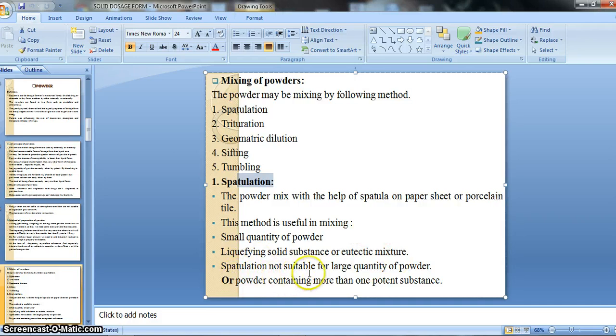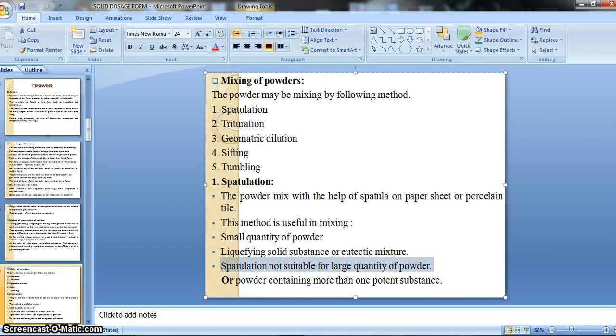Spatulation is not suitable for a large quantity of powder. This is one disadvantage of the spatulation method, and the advantage is that liquefying solid substances or eutectic mixtures are easily mixed with it. But it is not suitable for a large quantity of drug.